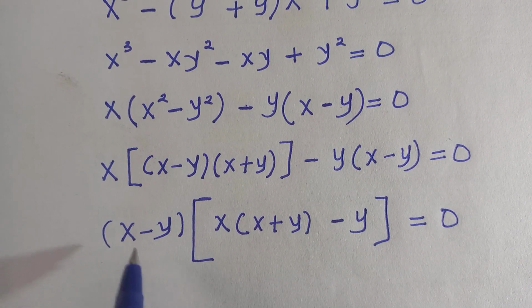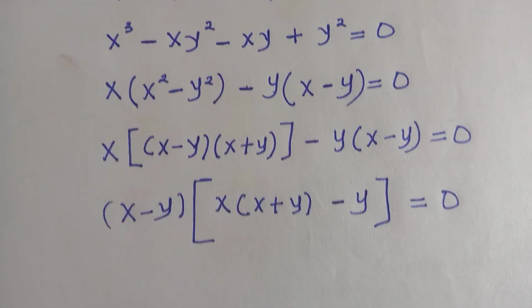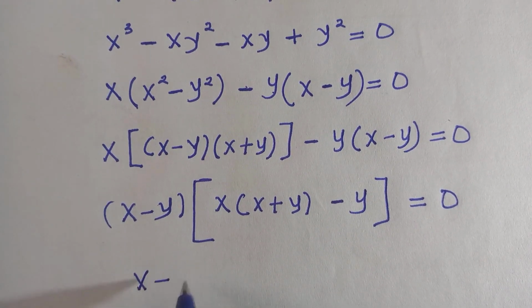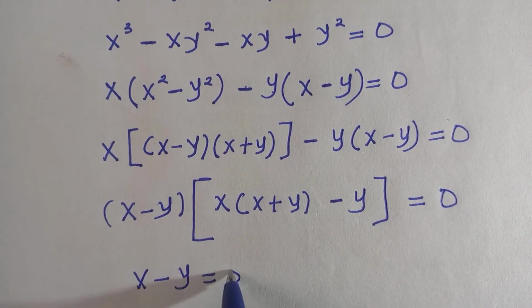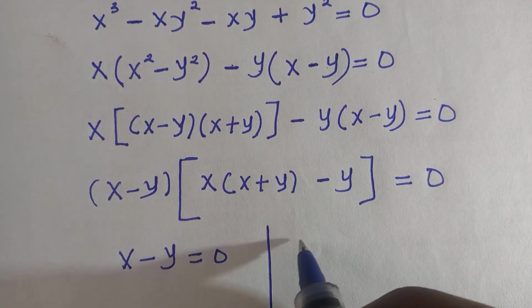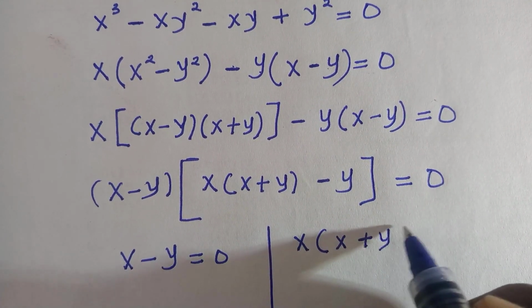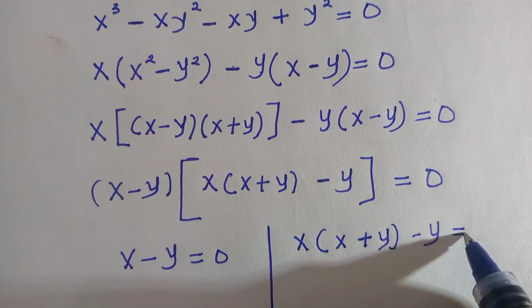All right, let's let this one equal 0 and this one also equal 0. By doing that, we have x minus y equals 0, or x bracket of x plus y minus y equals 0.